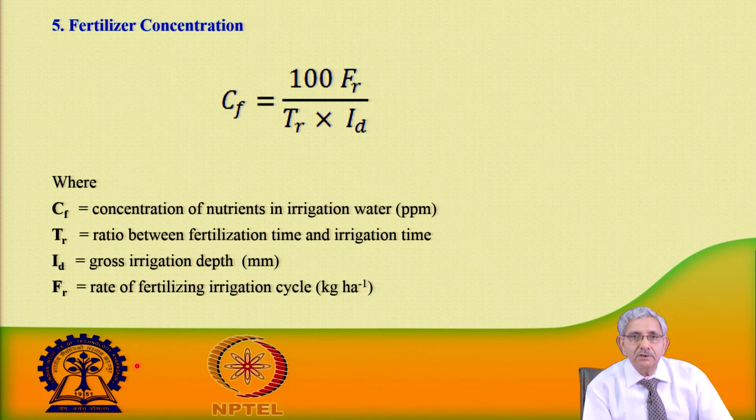Fertilizer concentration can be computed by using this expression: C = (Fr / (Tr × Id)) × 100, where 100 is a unit constant.